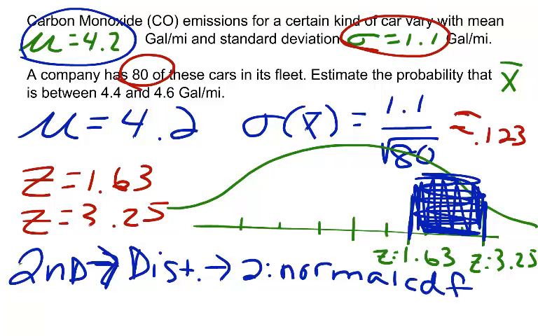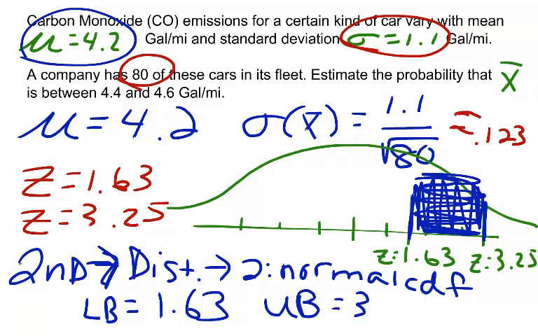From here, we'll establish our lower and upper bounds. Our lower bound will be 1.63. Our upper bound will be 3.25. Entering these values will yield a probability of 0.051, which we can convert to approximately 5.1%.